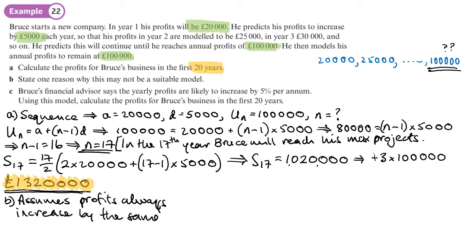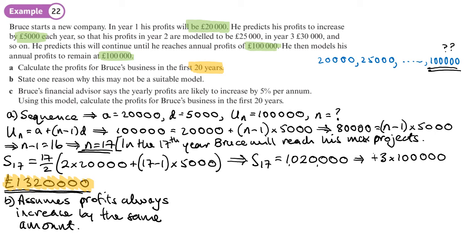So that's unlikely, isn't it, really? But any sensible answer, normally on the mark scheme for questions like this, it says any sensible answer will get you the mark for that. It'll be like a 1 mark question. And then we'll move on to part C.